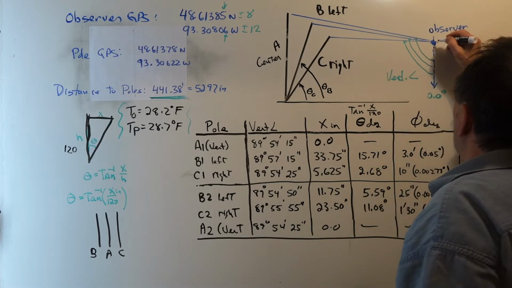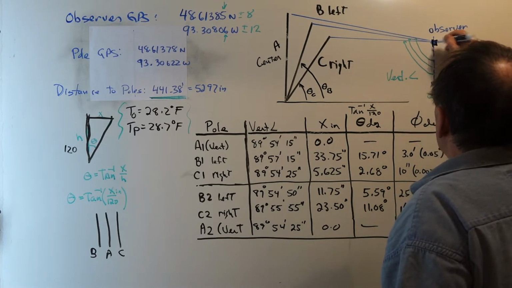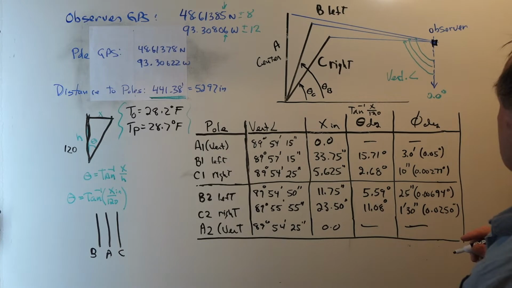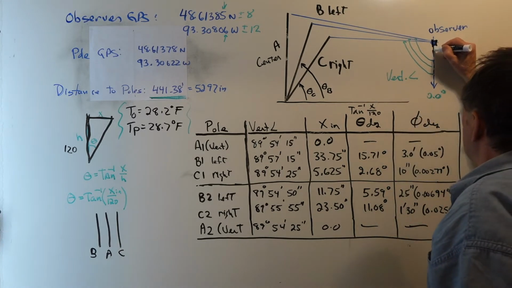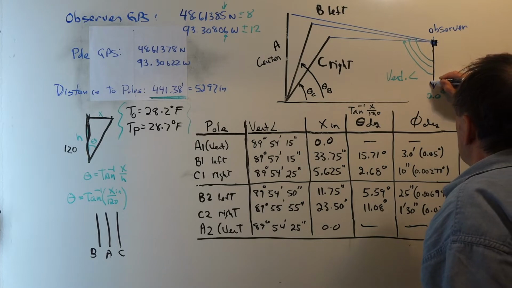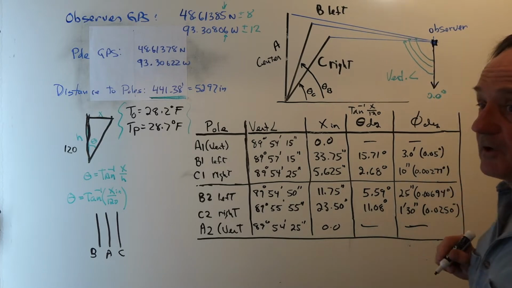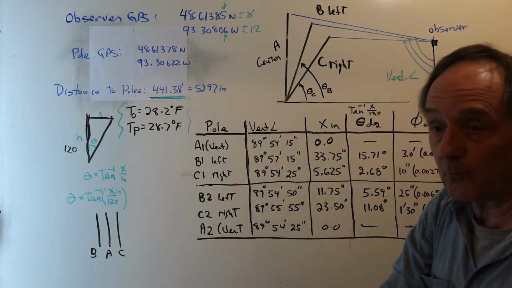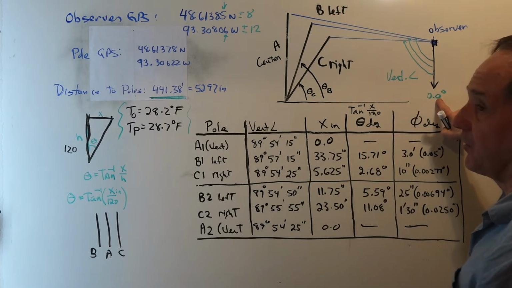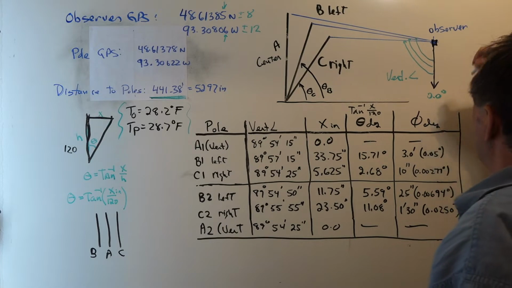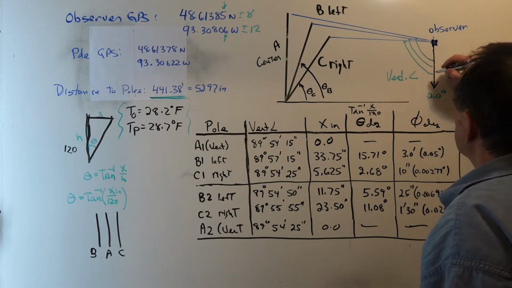So here at the observer we have the theodolite, and what we're measuring with the theodolite are vertical angles. That is, all theodolites measure 0 degrees when they're pointed downward towards the center of the earth. That's the 0 degree measurement on vertical angles with a theodolite. And then you measure a positive angle.